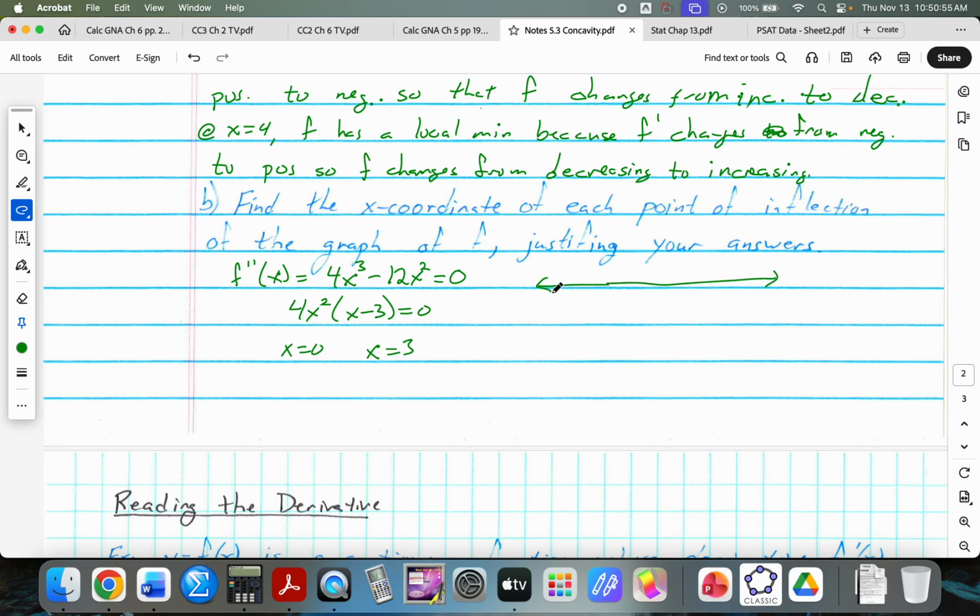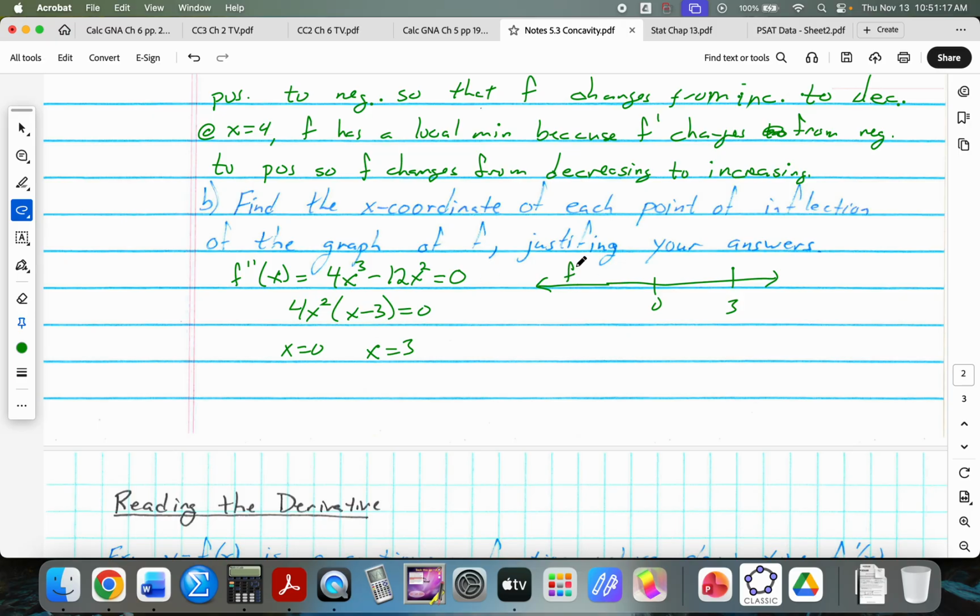So we're going to see where f double prime is positive and negative. So I've got 0 here and 3 here. If I pick a negative number and substitute in, the 4x squared is going to be positive. The 3 minus x will be negative.